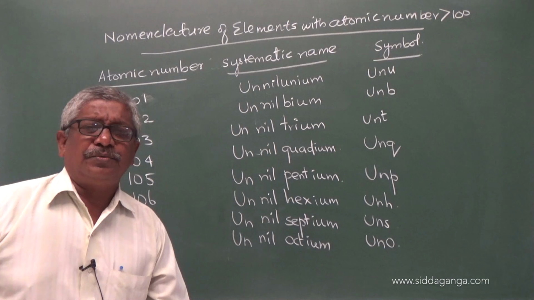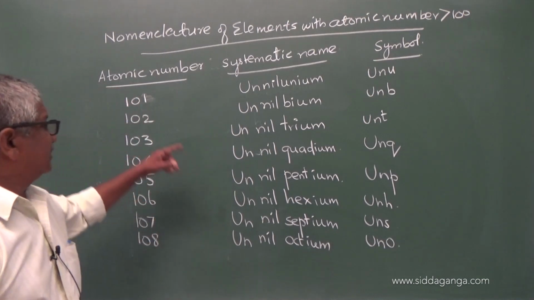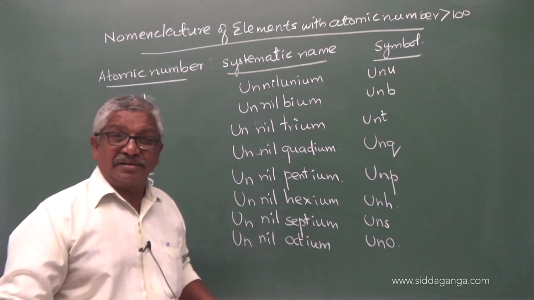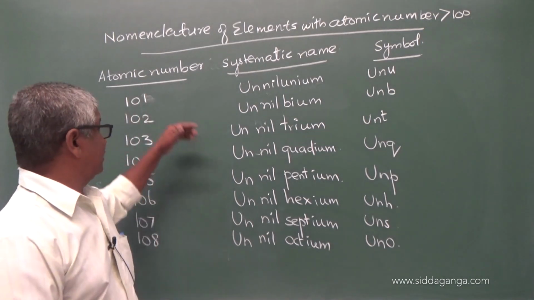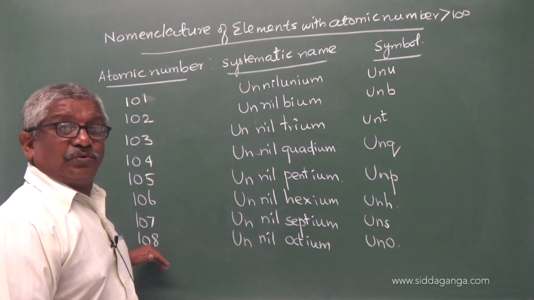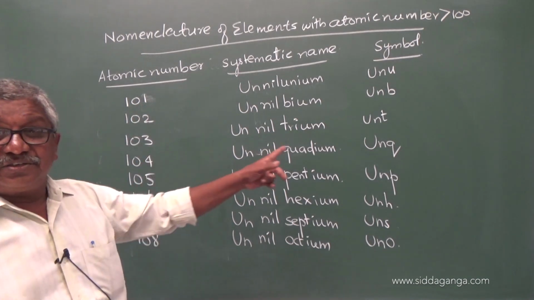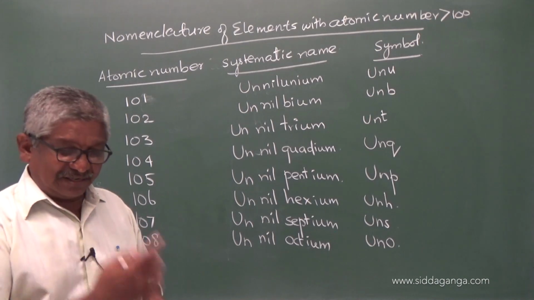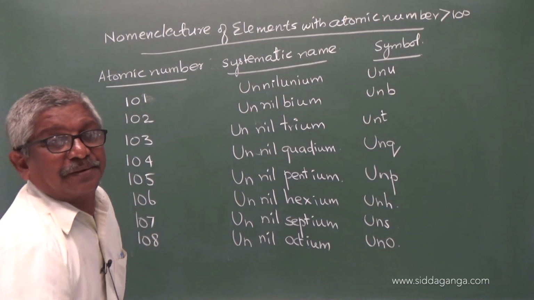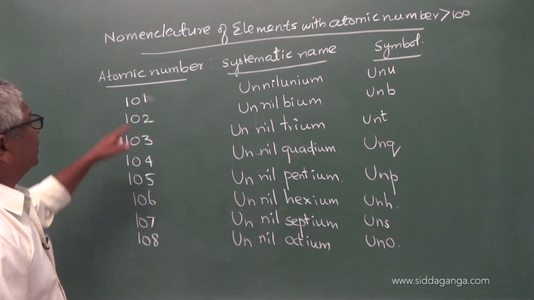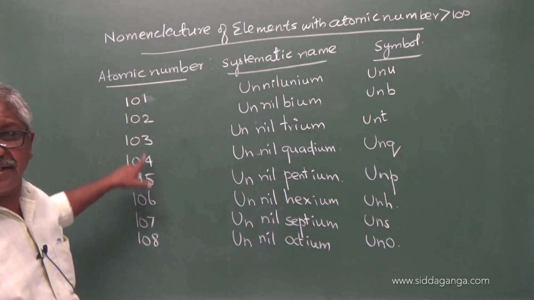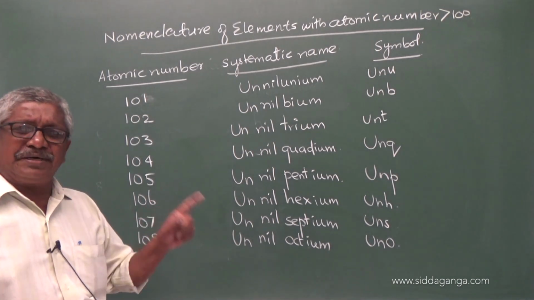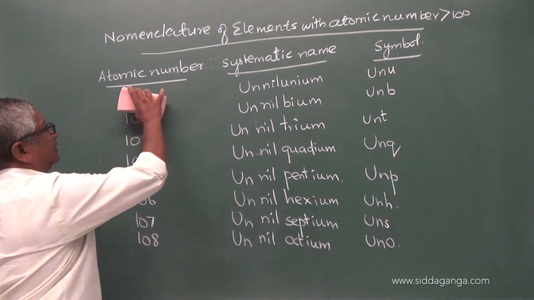So these are the systematic names according to Latin words from 101 to 108. Note it. We will go for the other elements next. You have to write the number. This will give 1 mark in the annual examination. The board syllabus is very important for that.